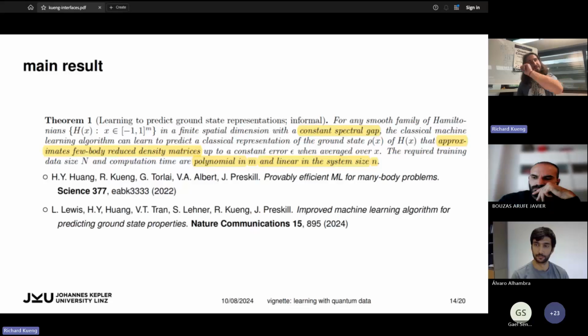And in turn, the observables also only wiggle a bit. Whereas if you don't have a constant spectral gap, you can have eigenvalue crossings and then you can have large disruptions. But this train of thought allowed us to effectively deduce that the function you want to learn is a slowly varying function in the sense that the gradient is controlled.